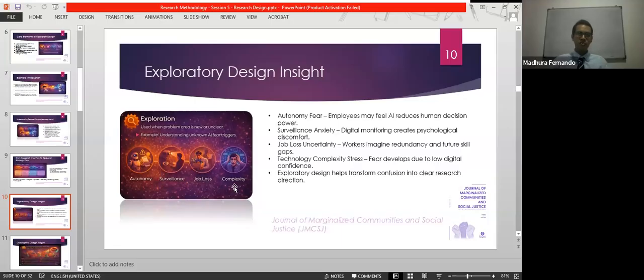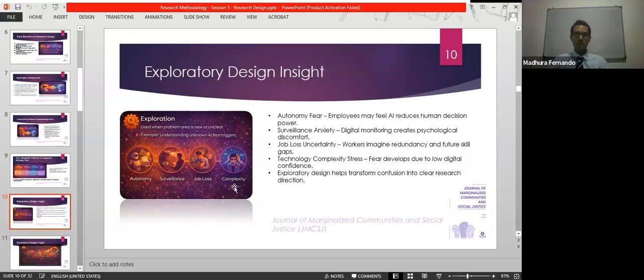You can look for their fears, the nature of their anxiety, their stress level, and they will explain their experience, so you can get an idea. So you explore the real problem. That is the logic behind this exploratory design, right? Exploratory design always helps you to transform confusion into clear research direction.